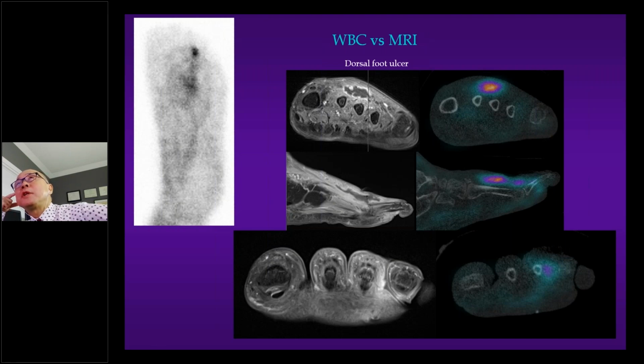Particularly the diabetic foot with neuropathic arthropathy, it is a nightmare. Particularly in the advanced neuropathic arthropathy cases, where we have extensive destruction and extensive bone marrow edema, it can be very, very difficult to sift out infection from pure sterile neuropathic change.